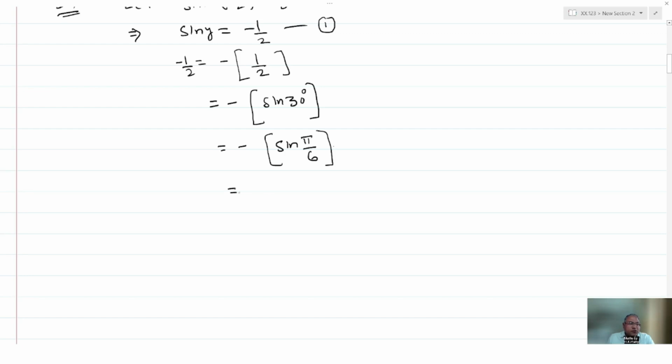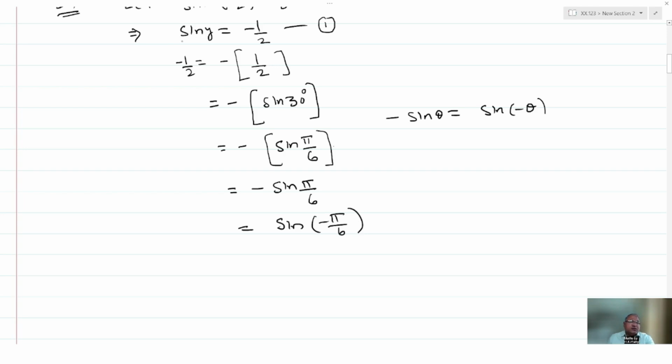So this equals minus sine pi by 6. You know that minus sine theta equals sine of minus theta. Therefore, this can be written as sine of minus pi by 6.